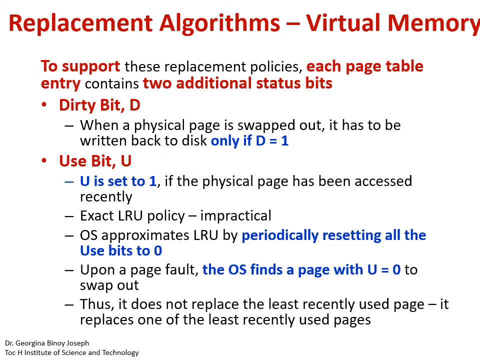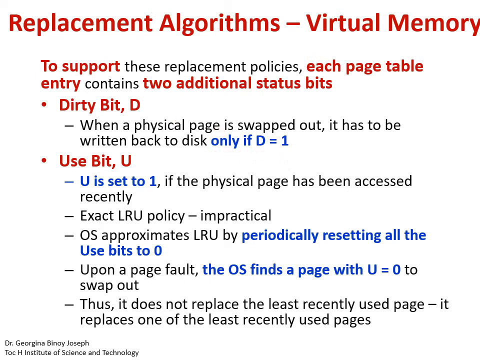We had talked about this D in terms of the write back policy, when we said that if there is a change, that is, if the physical page has been written into by the processor, then what is there in the physical page and its corresponding page in the virtual memory are now different. So the dirty bit D is used to indicate that.